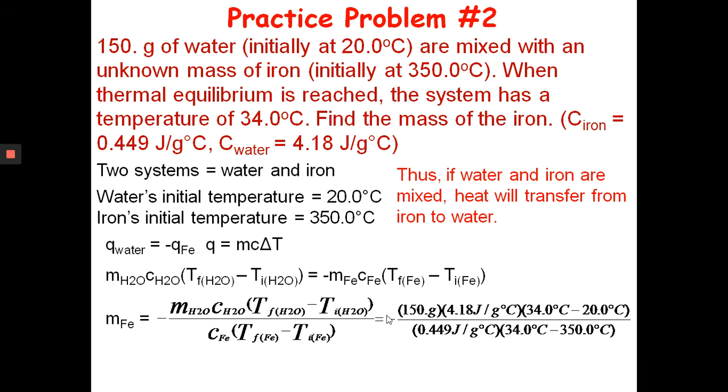Mass of the water, 150 grams, and then specific heat of water was 4.18. Final temperature minus initial temperature, and then I'll write that one more time in terms of the iron down here. Putting all this in the calculator, obeying the significant figures, you should be getting 61.9 grams.